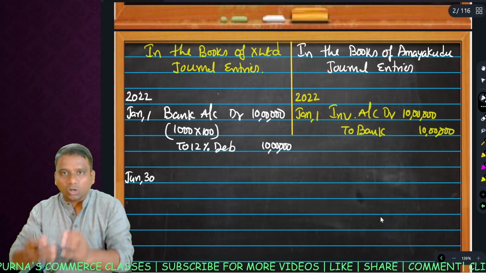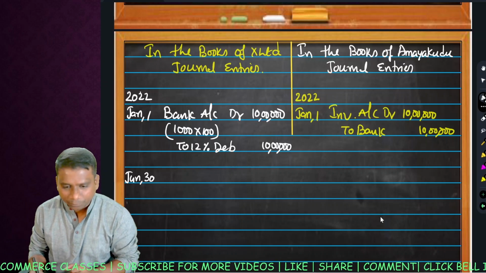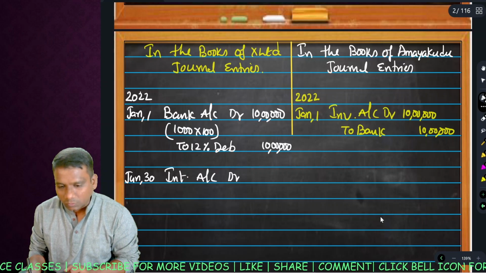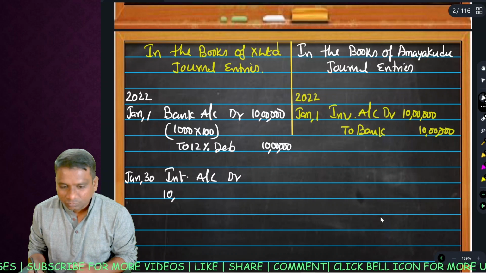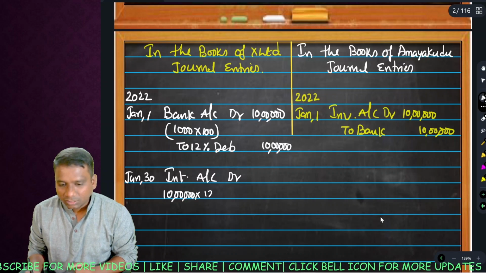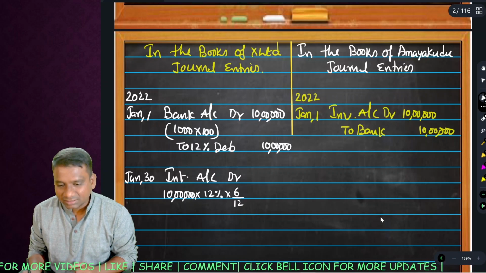June 30th. I am not writing the first due entry and all those things. Directly, I am recording the entry. So, interest account debit. How much interest should we pay? On 10 lakhs, the rate of interest is 12%. For how many months are we paying interest? 6 months.